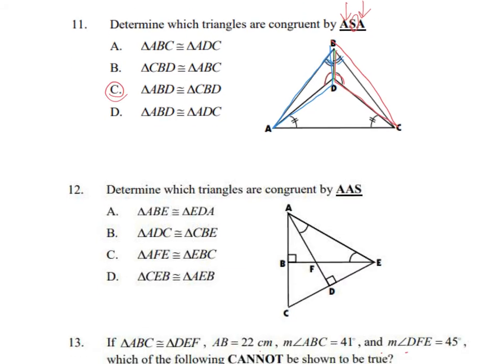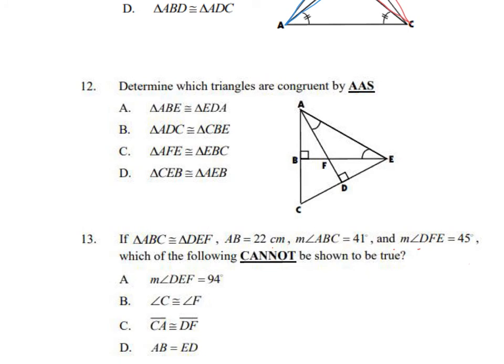If we look at number 12, we're looking to determine which triangles are congruent by angle, angle, side. And if we're looking at, we have an angle here and an angle here. We have an angle here to an angle here.